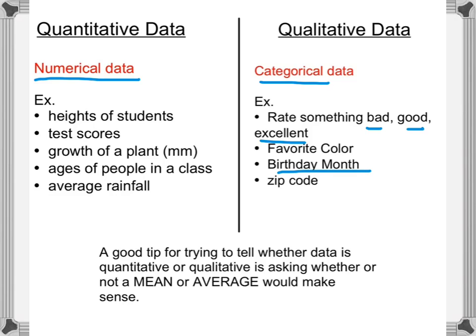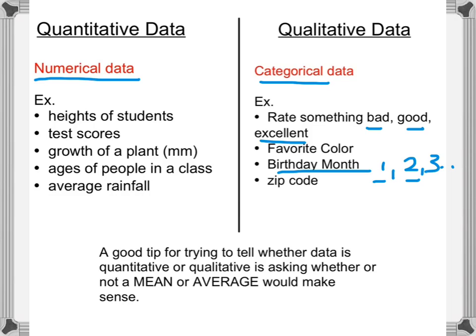Now, even though you can write the birthday month as a numeral, right? The month of January is 1, the month of February is 2, and so on. Okay, there's no such thing as 1.5. So someone wouldn't say to you, I'm in birthday month 1.5. You're either in month 1 or in month 2.